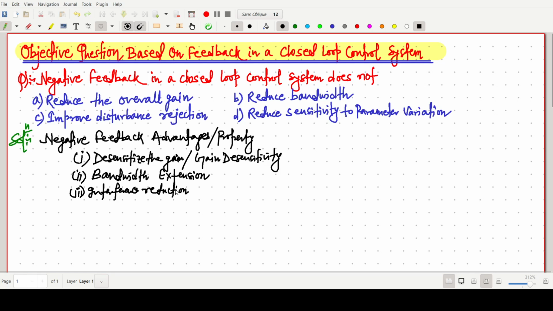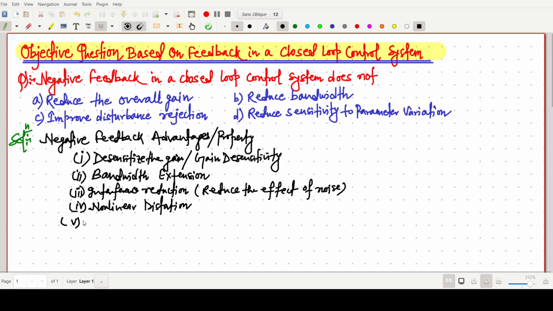It also reduces the effect of noise, and it also reduces the nonlinear distortion. These are the very few points that we have to know.